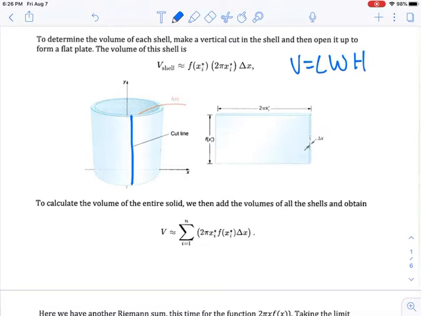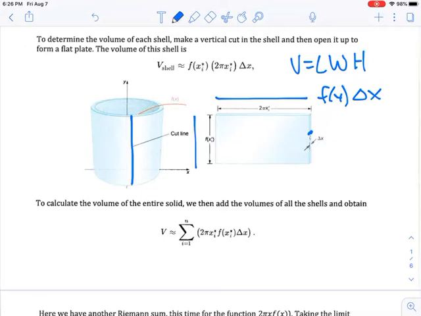And so we'll call this distance, the thickness of the rectangle, delta x. The height of the rectangle is f of x. And then we have the length of the rectangle. The length of the rectangle is 2 pi x.